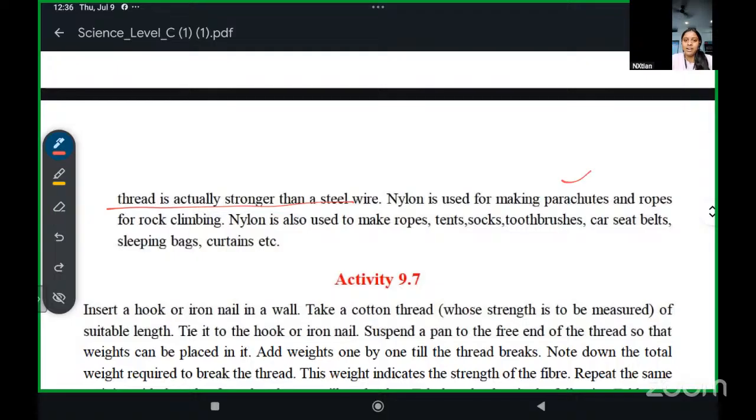Those are all synthetics. And parachutes, ropes, and ropes for rock climbing. You also make tent material, or socks, toothbrush, car seat belts, sleeping bags, curtains, etc. are made up of nylon.